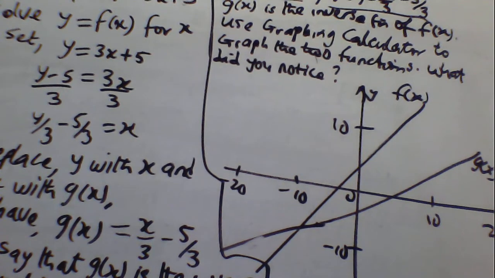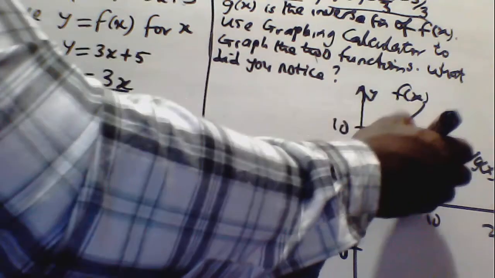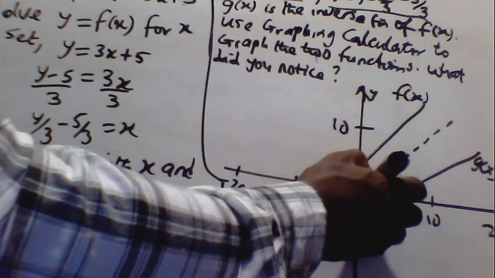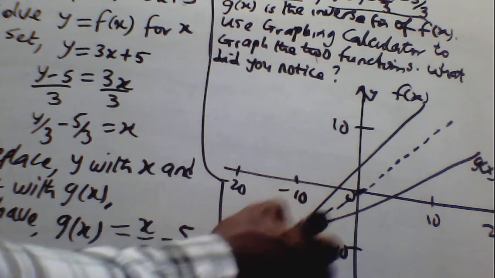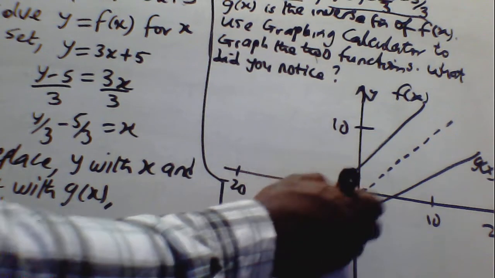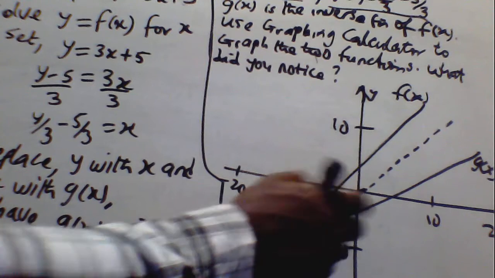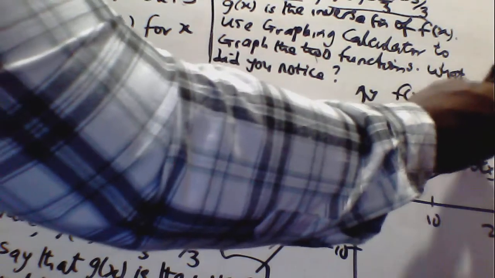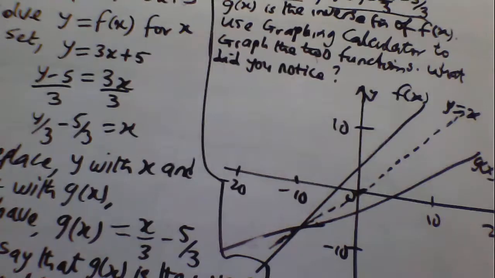You see that if a line is drawn here, this line of reflection must pass through the origin, and through the intercept. This line y equals x is called the line of reflection.